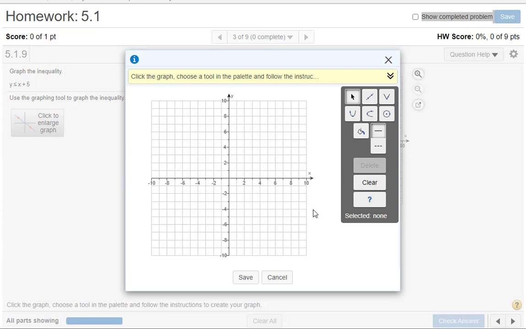Notice I get a graph and a bunch of tools. All right, pointing tool. This is a line. This is if I needed to graph an absolute value, a parabola, and a parabola on its side, or a circle.